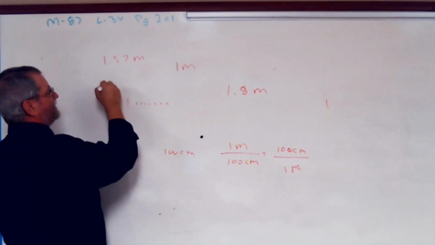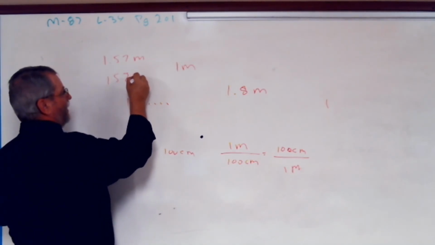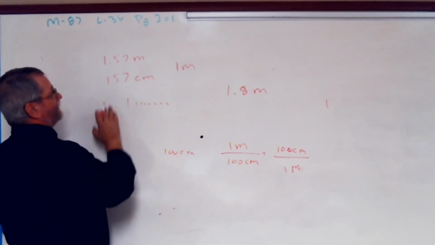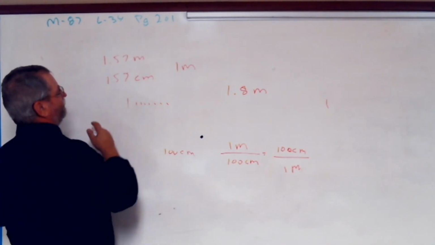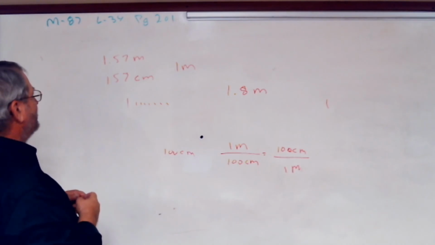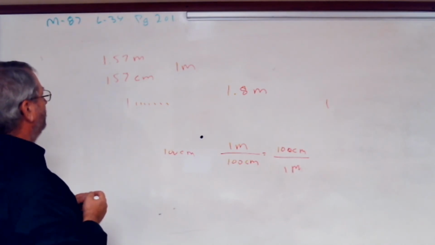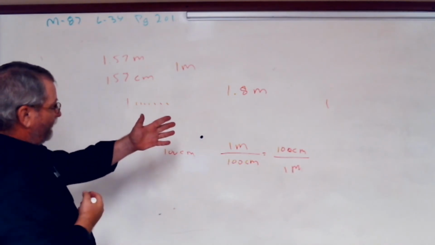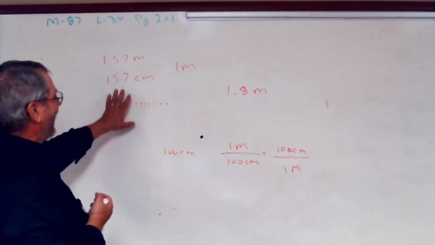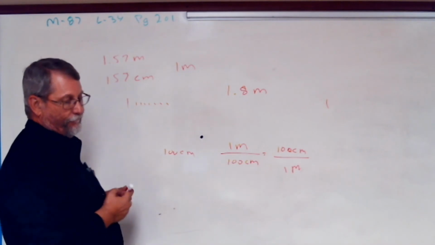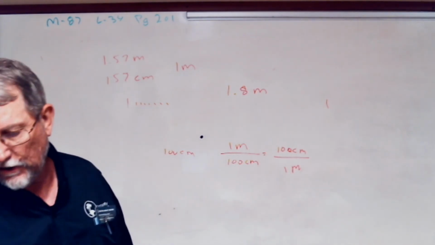It goes 2 places. All right? If it's 1.57 meters, it's 157 centimeters. It's a little bit more than a full meter. Here's a full meter, and here's the part. It's about 1.5 meters. All right? Make sense? Just be careful which way you're going when you convert.